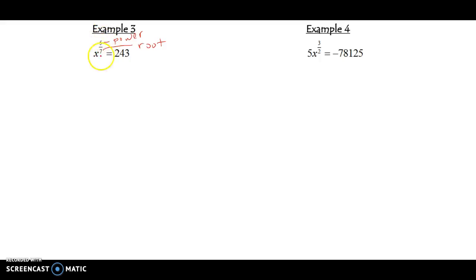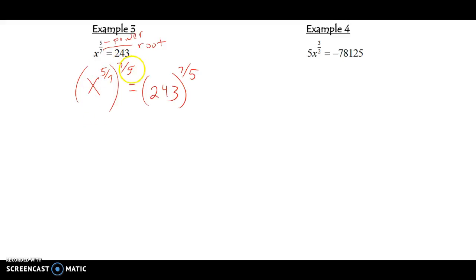Since this is a fraction, to get that to be a 1, we want to multiply it by its reciprocal. In other words, we're going to undo that fifth power with a fifth root. We're going to undo that seventh root with a seventh power.